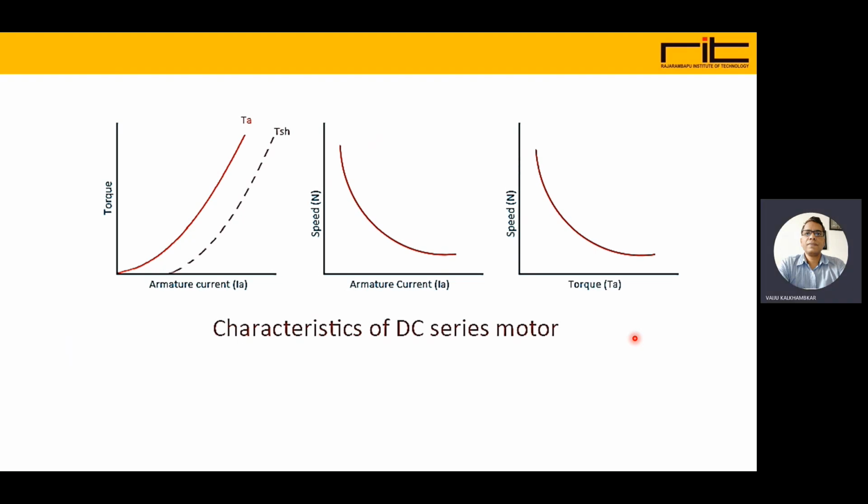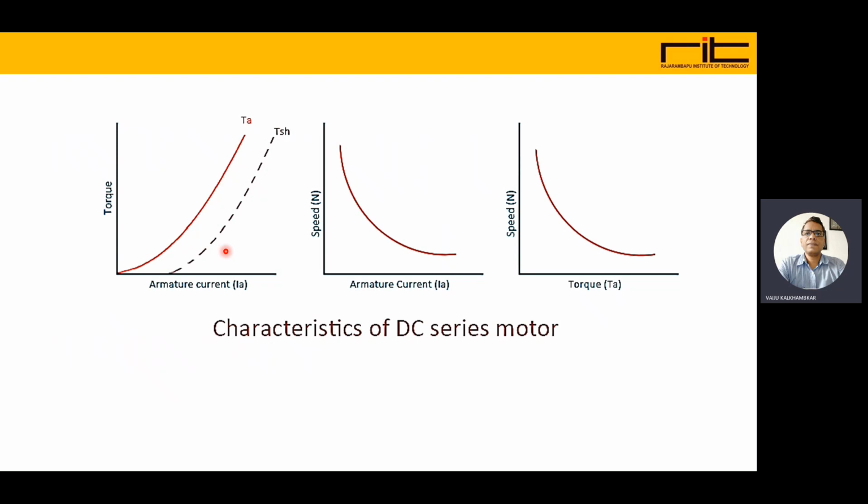So here we can see the characteristics of the DC series motor. The first one is torque versus armature current, another is speed versus armature current, and the last one is the speed and torque characteristics. As we increase the armature current, the armature torque increases proportionately for the DC series motor.